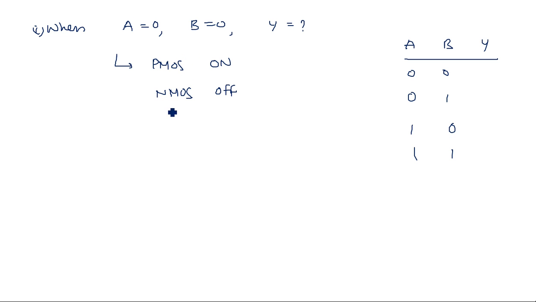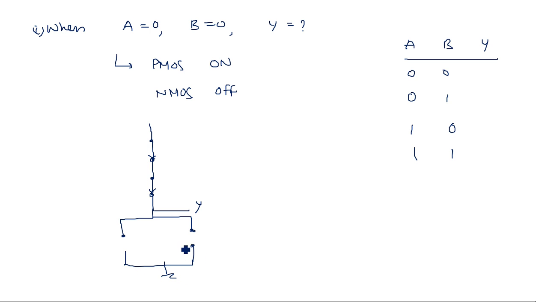So PMOS in on state, on transistor will be replaced by a short circuit. So take an arrow mark like this. As they are in series, connect a series of two arrow marks. Here it is the output, and here both are open circuited and they are in parallel.